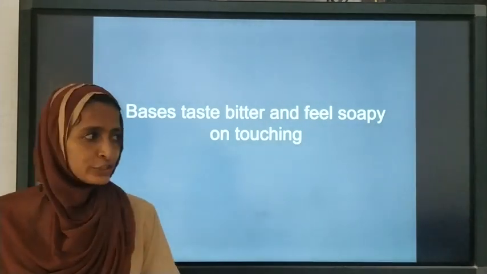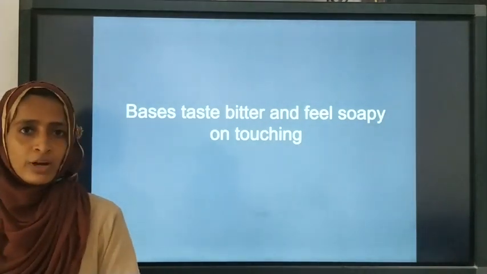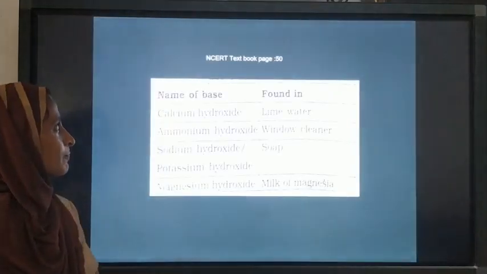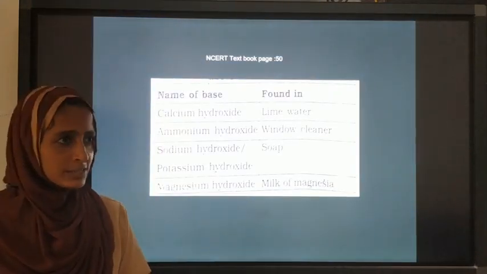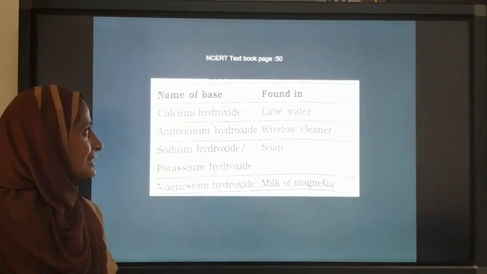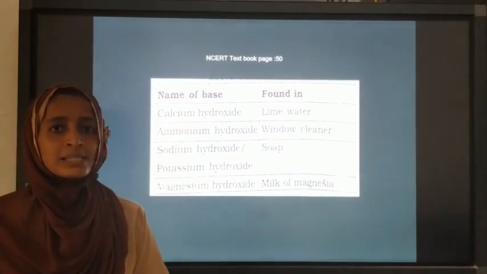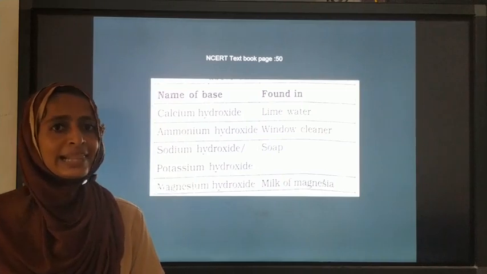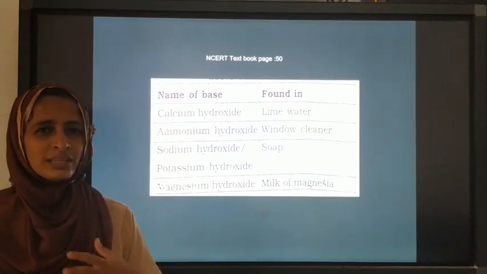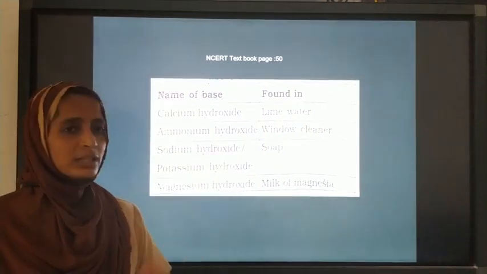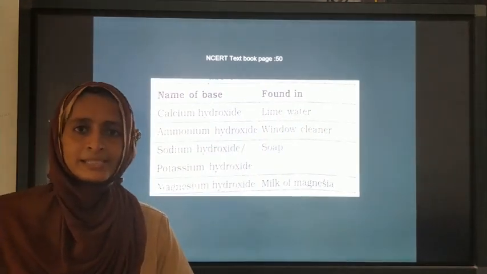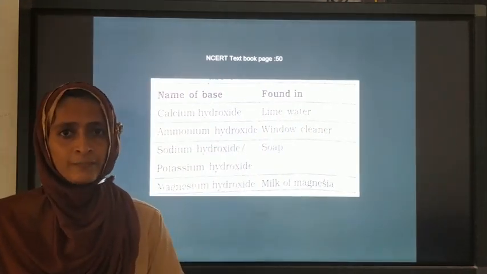I think it's clear to you. Now we are going to identify the names of certain bases, some of the bases and the sources where they are found. First of all, calcium hydroxide. Calcium hydroxide is present in lime water. Normally there is a misconception that lime water is the same as lemon juice. It's not at all.